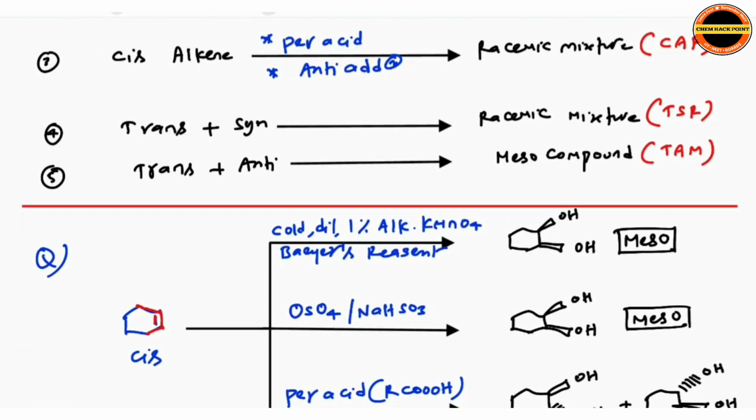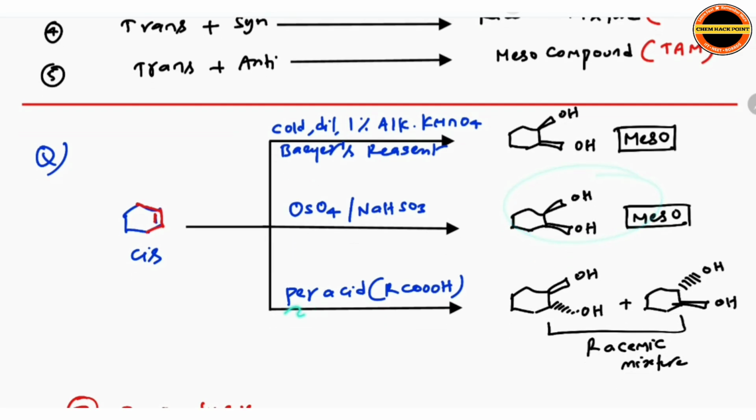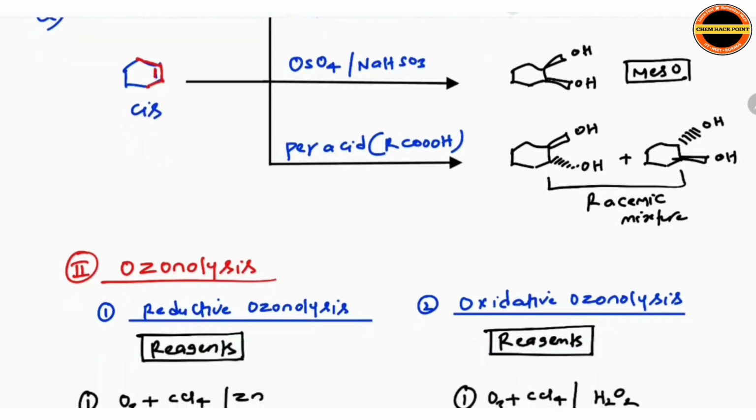Meso compounds are those which have a plane of symmetry. Symmetrical, having plane of symmetry. Here you can see there is a plane of symmetry, meso compound. Here also syn, so here also meso compound. Per acid anti-addition, here we know racemic mixture. Both the enantiomers you will get, d enantiomer, l enantiomer. Both are in equal amounts, racemic mixture, optically inactive mixture.